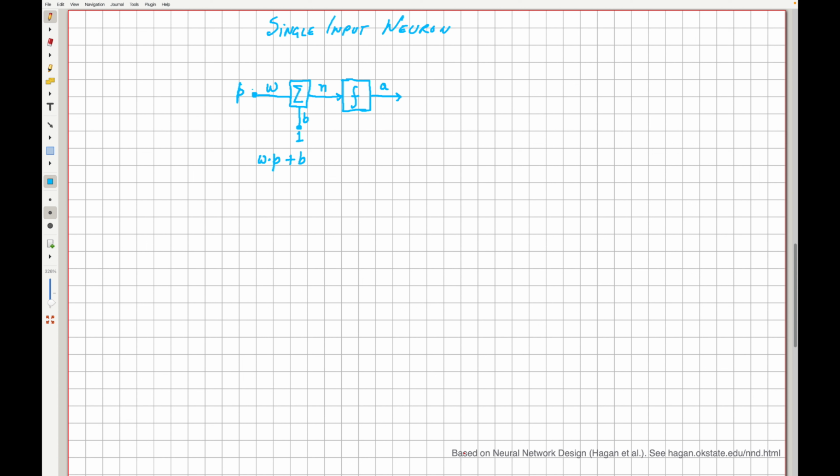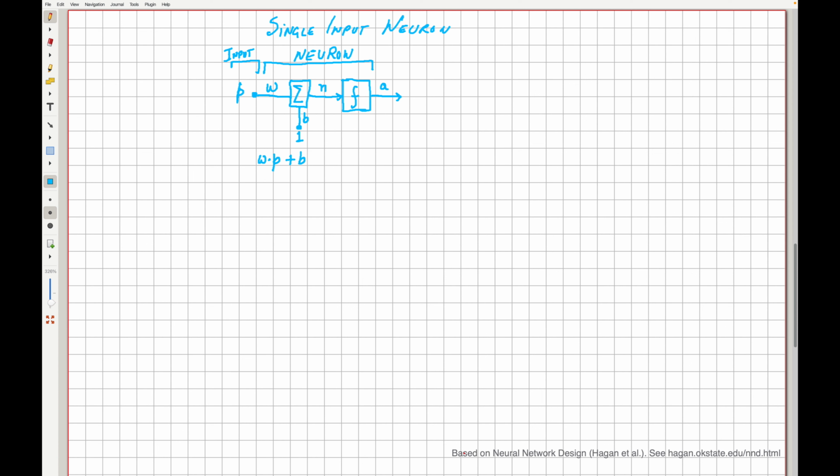Now in all of this, the initial part, which is the p, that is our input, and then this part right there is our neuron.